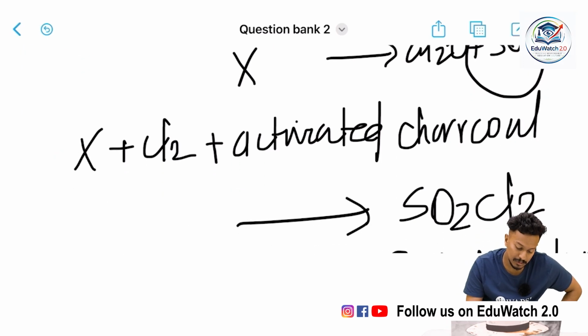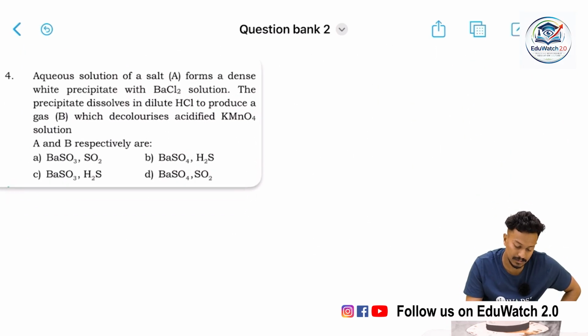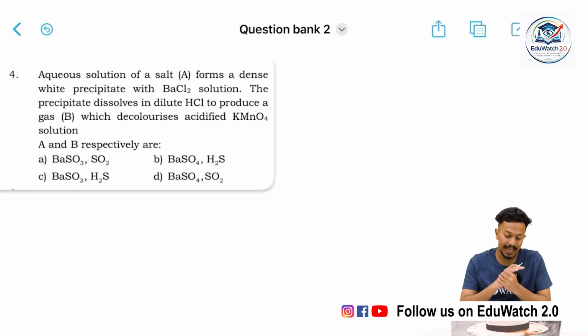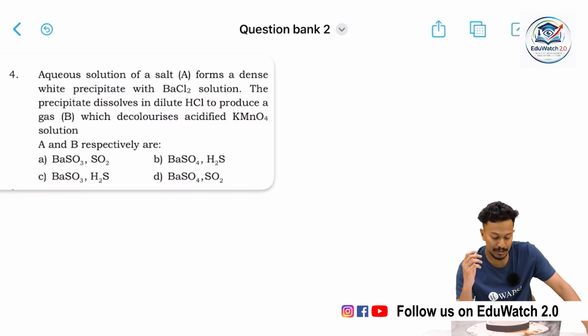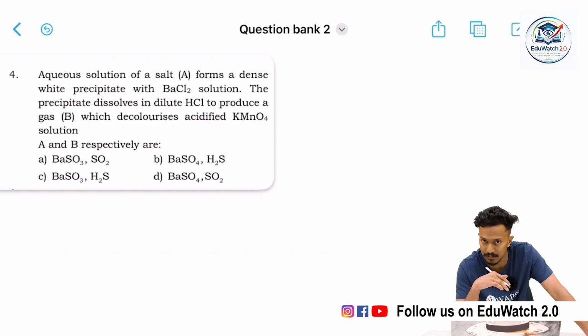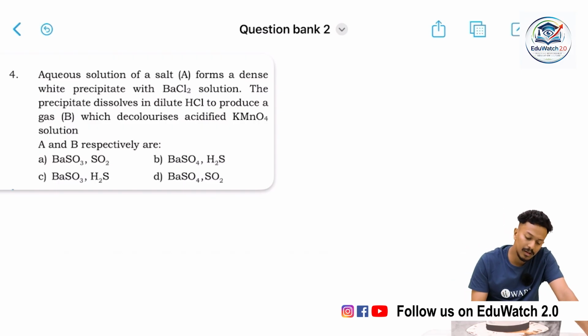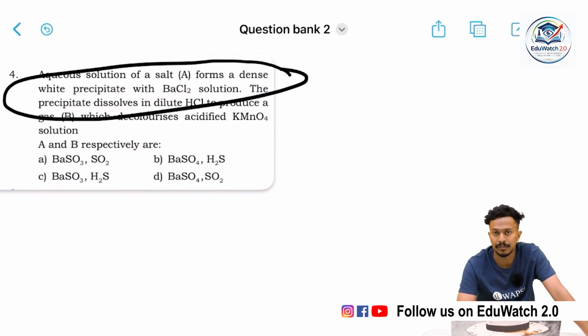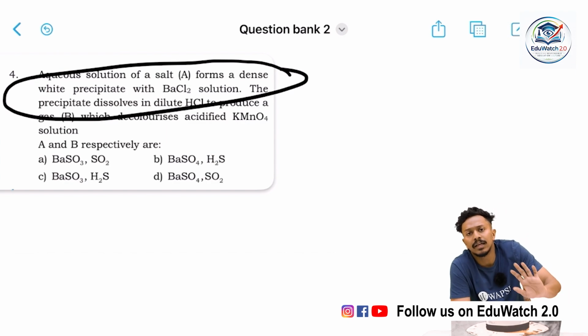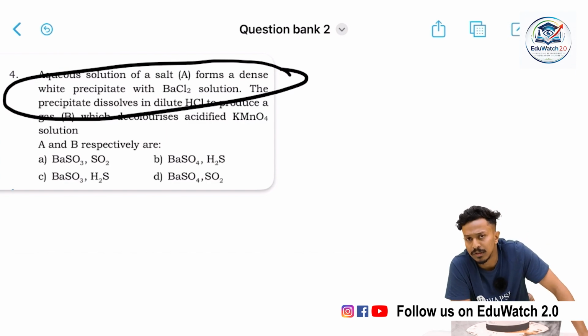We will move on to our next question, which is, an aqueous solution of salt A forms a dense white precipitate with barium chloride solution. The precipitate dissolves in dilute HCl to produce a gas B, which decolorizes acidified KMnO4 solution. Okay, we will come back to the first part of this question. What do you think makes the decolorization of a KMnO4 solution?